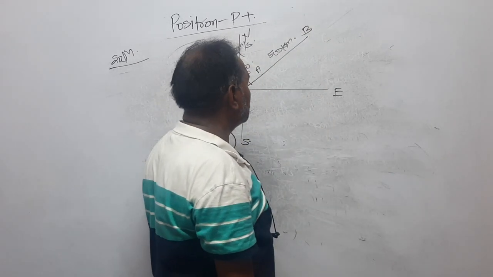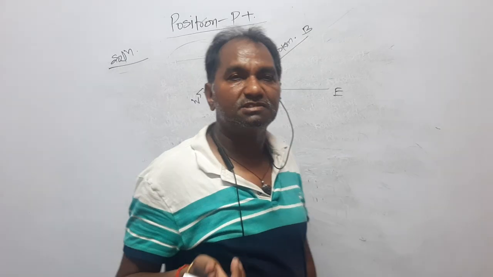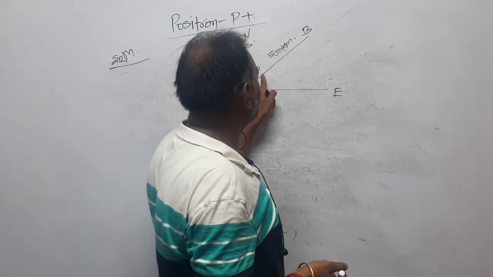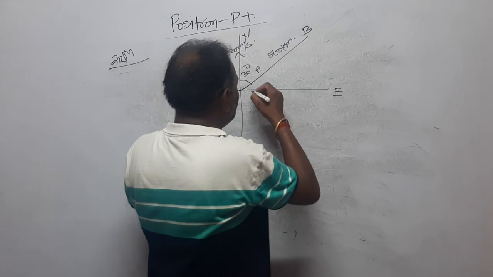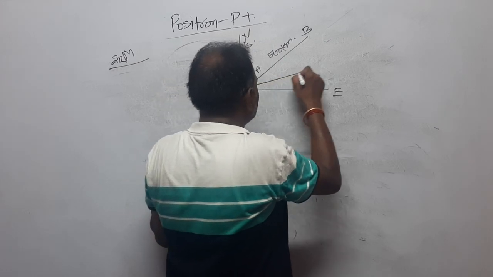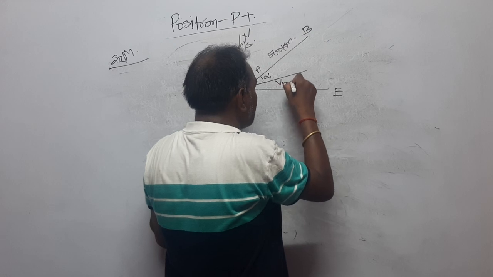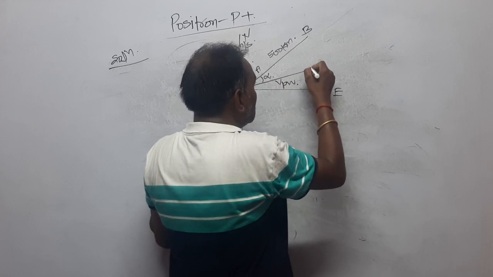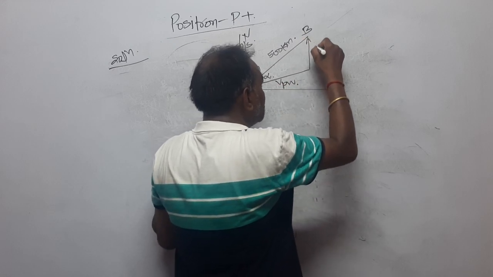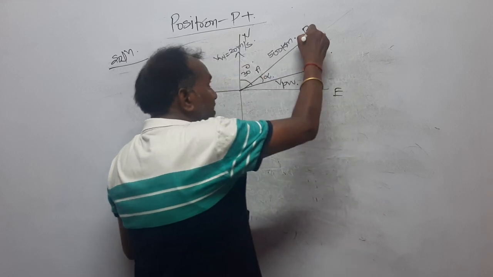So what the pilot has to be suggested is that to travel from A to B, he should steer in this direction. This is the velocity of plane with respect to wind, and then it is the velocity of wind, and then the plane will reach.